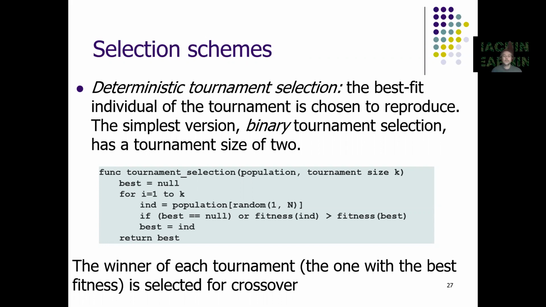So this kind of function takes as arguments the population and the tournament size, and makes comparisons: it selects randomly a member of the population and compares it with the best fit individual so far. Because this is based on random sampling, you can do resampling or not, depending on what version you're going to use.